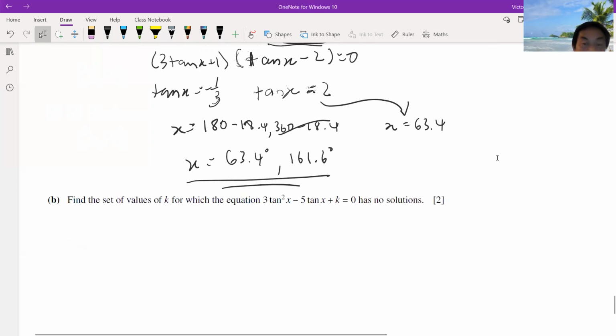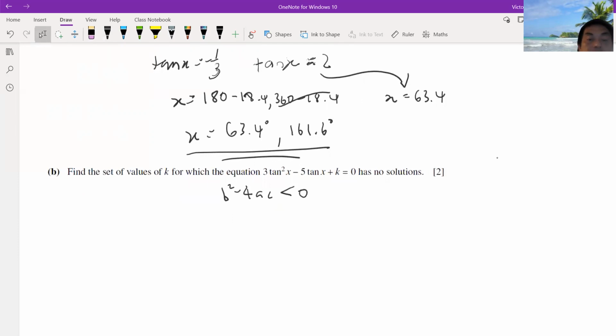Okay, find the set of values of k for which the equation has no solution. So this is like a quadratic equation. When can it have no solution? It has no solution when b squared minus 4ac is smaller than 0, because this is the real plane. So you have 25 minus 4 times 3 times k.